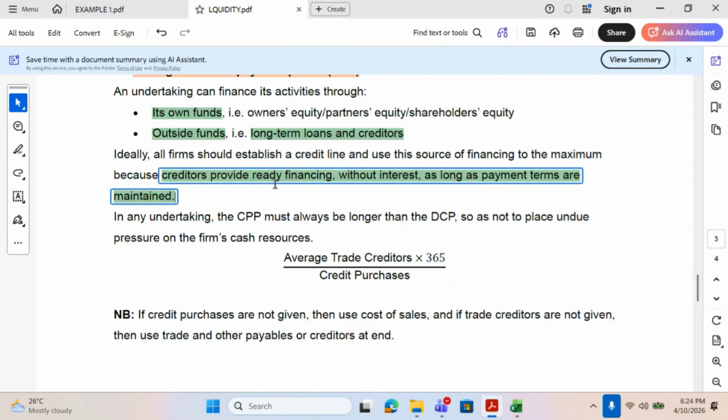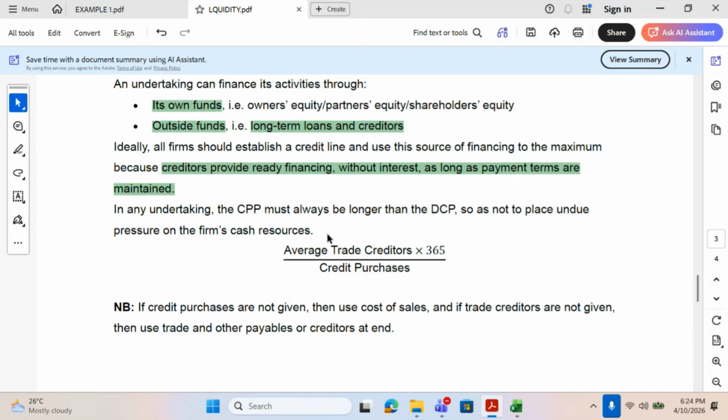Your suppliers are just going to give you trading stock and then you have to pay it back. There will be no interest charged as long as you maintain the credit terms or the payment terms. But going to the bank and borrowing money, you will pay it back with interest, which is not a good thing.